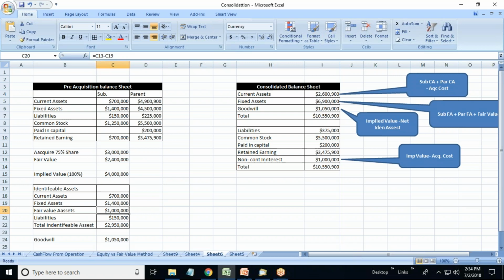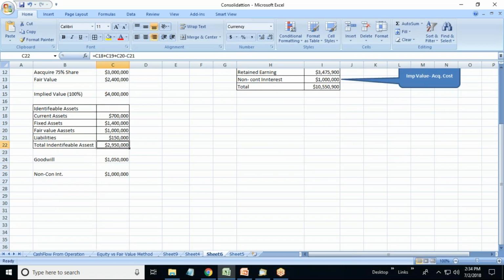The fair value of the fixed assets is 2,400,000, while the book value is 1,400,000, so we add up the fair value minus the book value, which is 1 million. We also subtract the liabilities of 150,000. The total identifiable assets are 2,950,000.